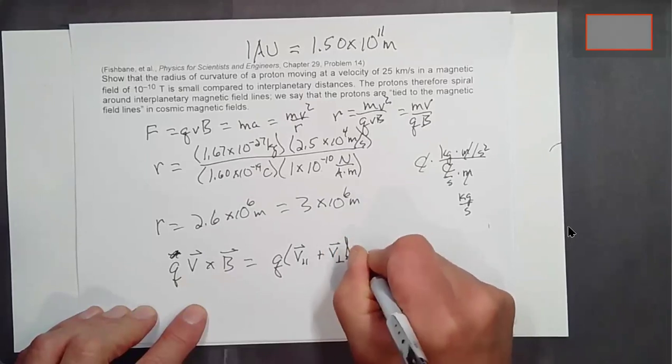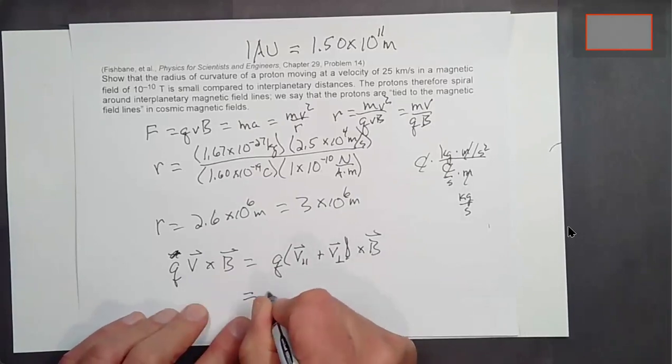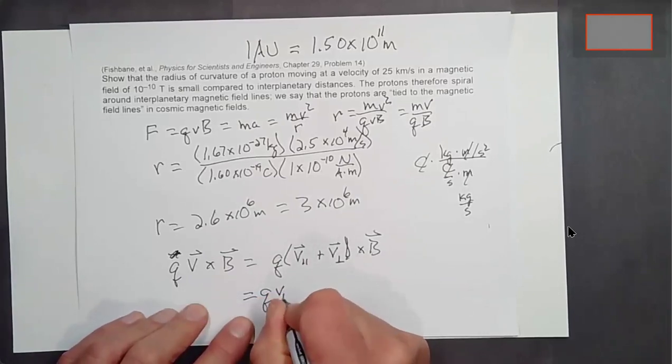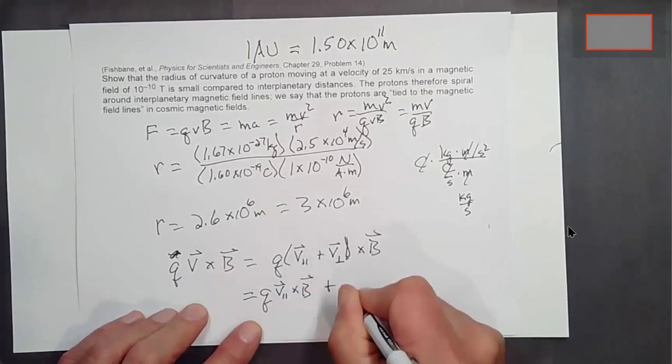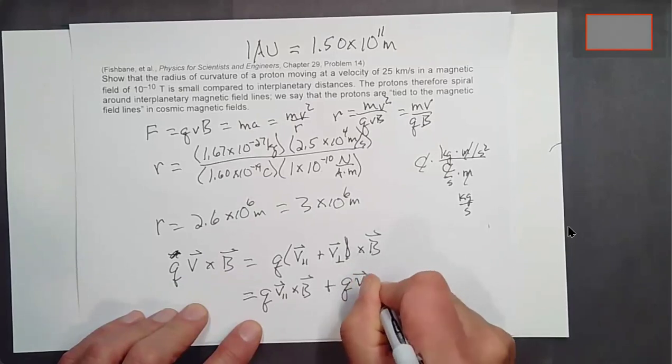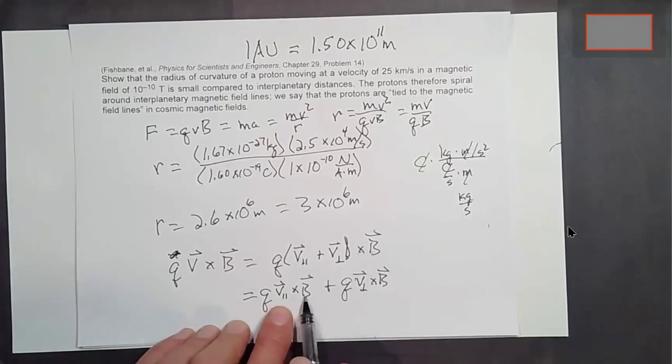Whoops, and this is cross B. And so you get this expression where it's QV parallel crossed with B plus QV perpendicular crossed with B. And remember that cross product has magnitude of this, magnitude of that, sine of the angle between them.